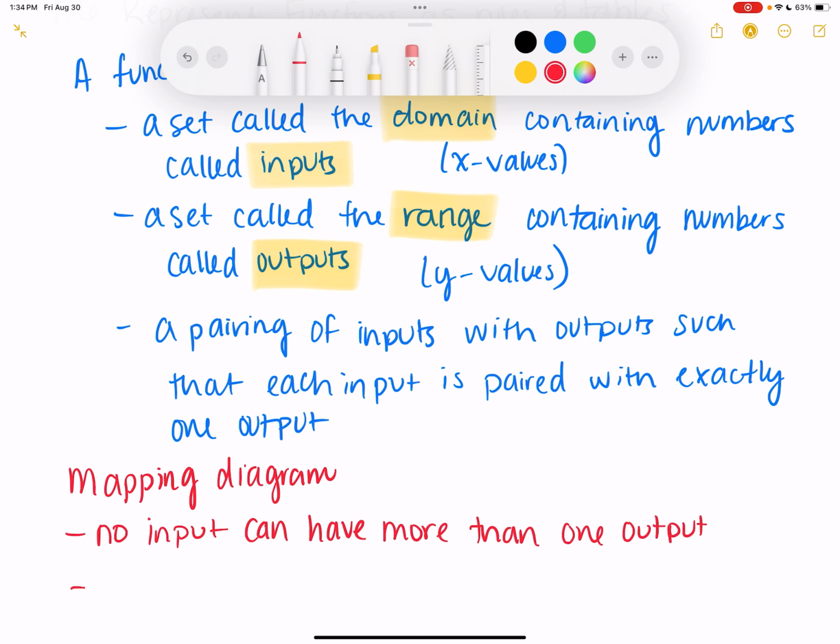However, there can be multiple uses of an output.